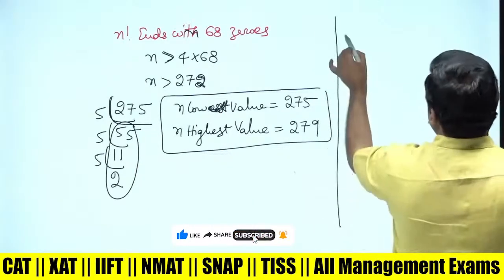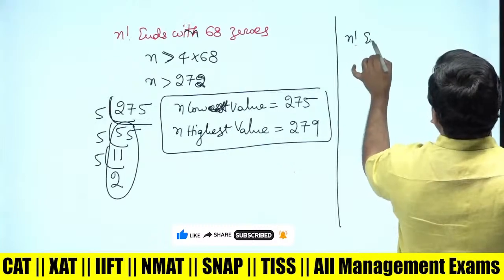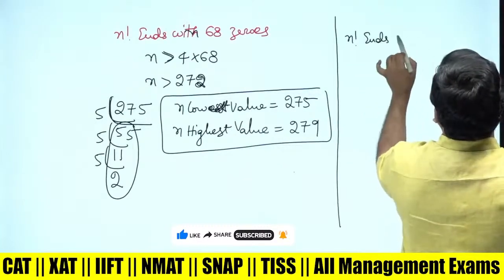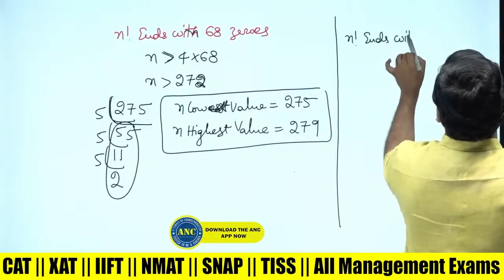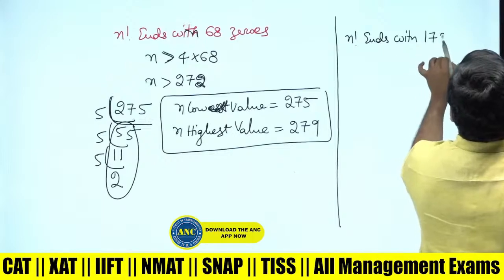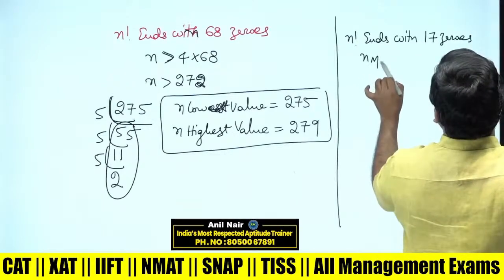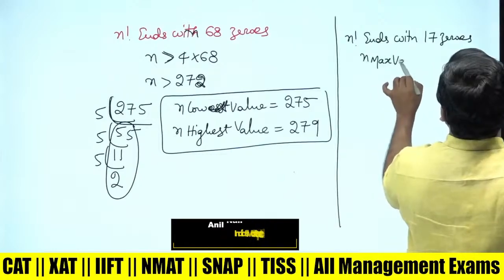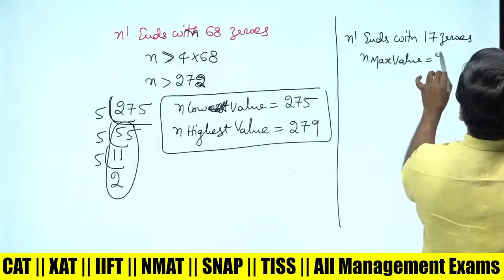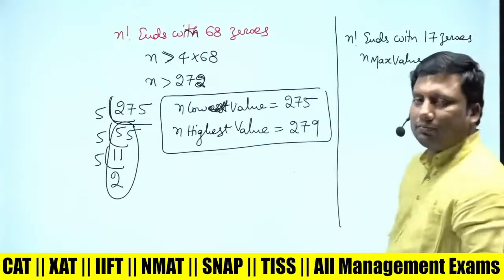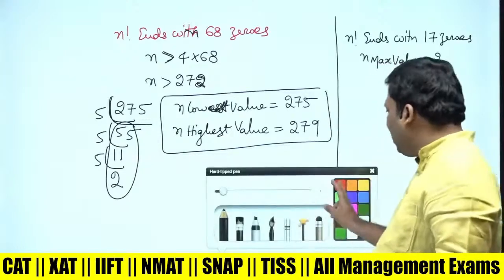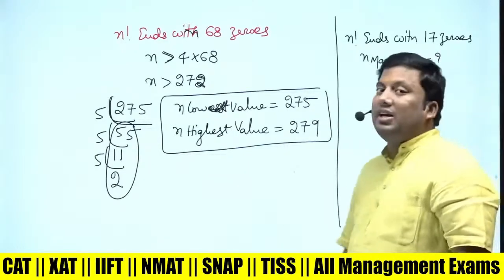Suppose the question is: n factorial ends with 17 zeros. What is the maximum value n can take? Another sample question. N factorial ends with 17 zeros.